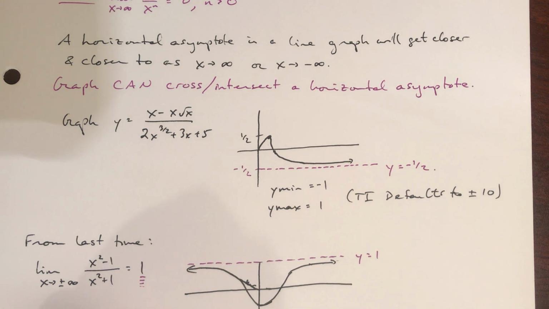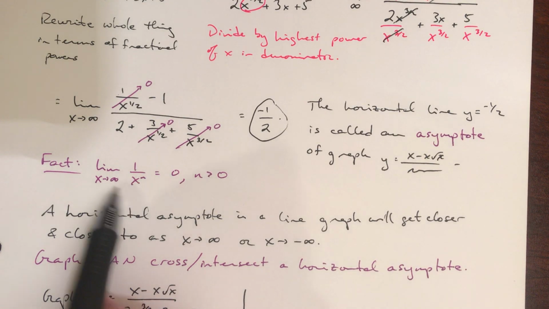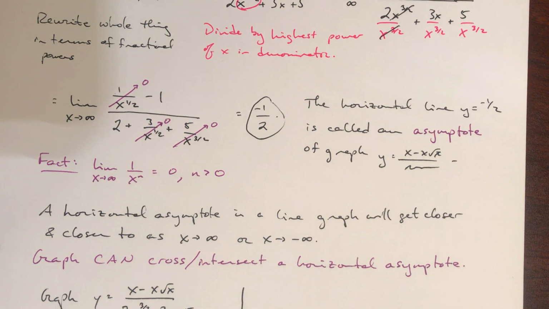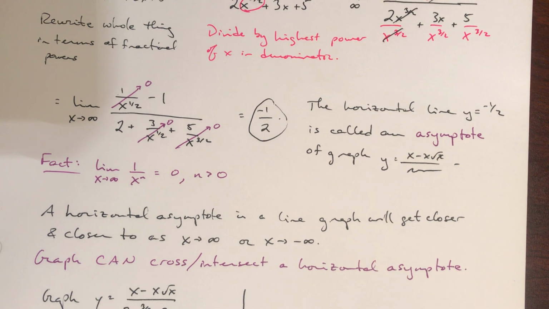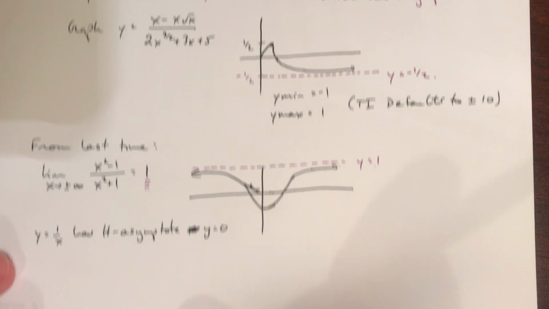The function y equals 1 over x has a horizontal asymptote at y equals 0. Our little fact that we use tells us that that limit is 0, and those limits are what give us the numbers to form these horizontal asymptotes when we graph them.